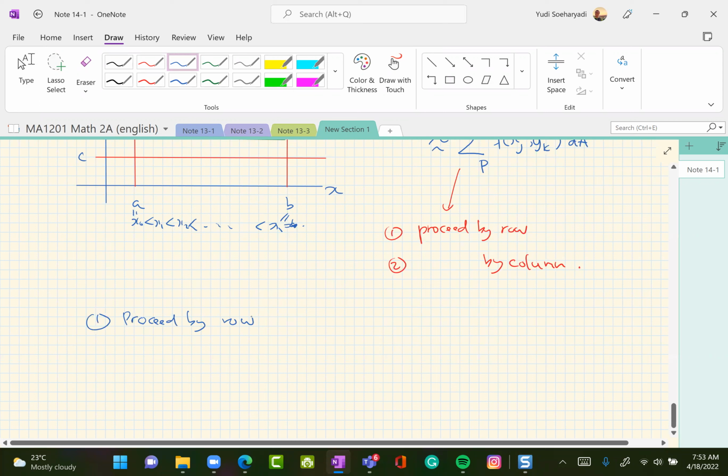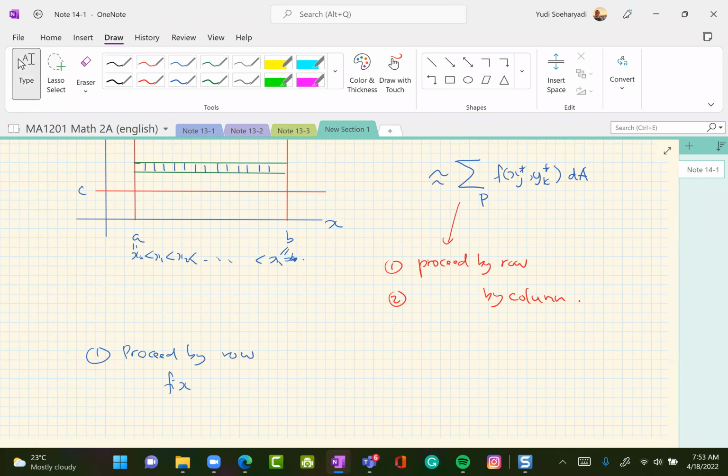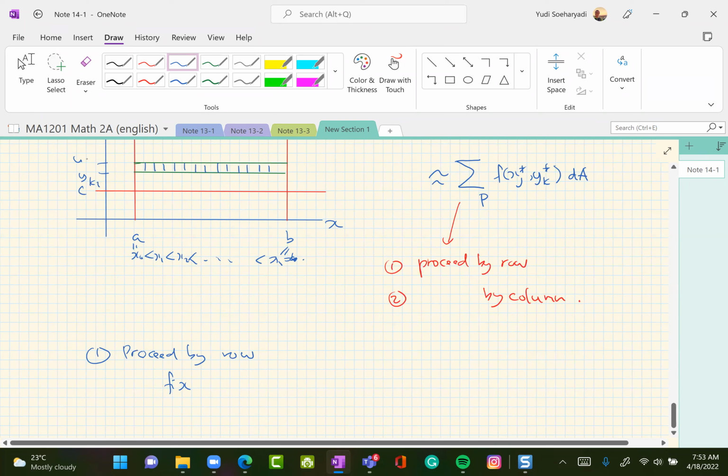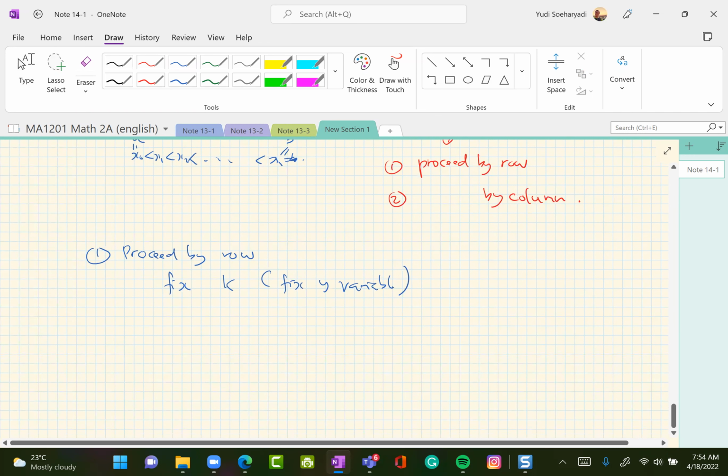Okay. So in this case, we fix the k. So this is y k minus 1, y k. Fix k. So in this case, we fix the y variable. Okay. So what we sum is this one here.